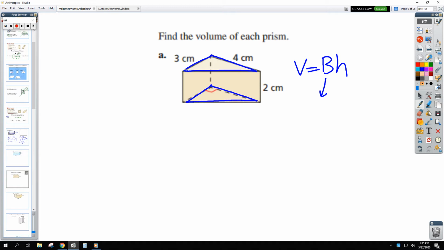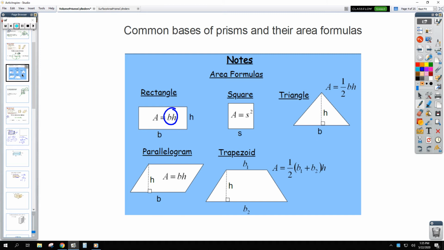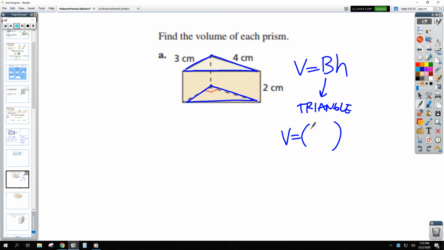Right? So we have a triangular base, and we're going to replace that B part with the area formula for a triangle, which is what? Right? So the area formula for this triangle, 1/2 base times height. And then we're going to multiply it again by the height of the prism.